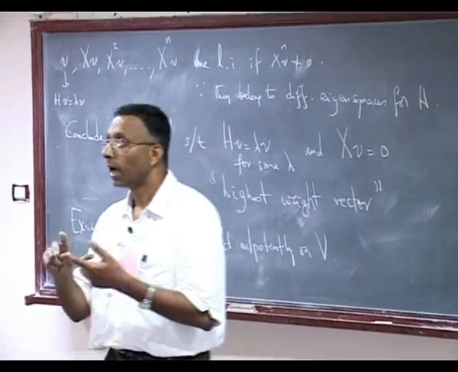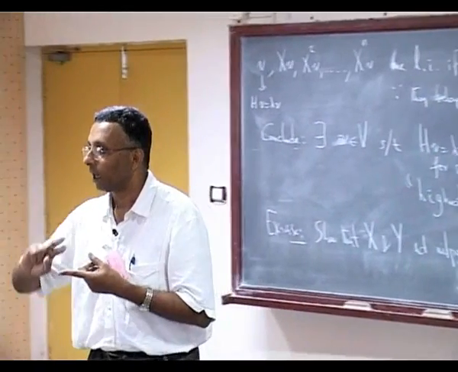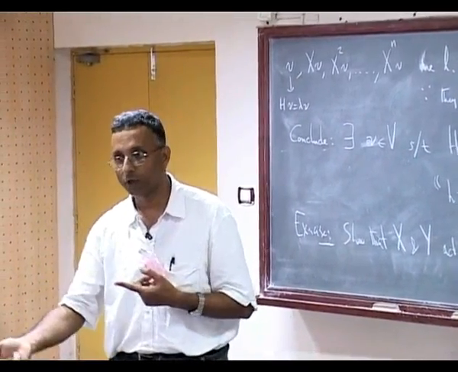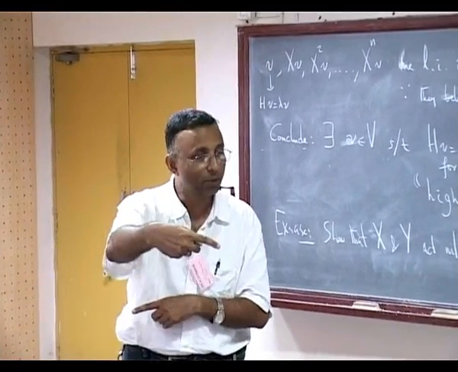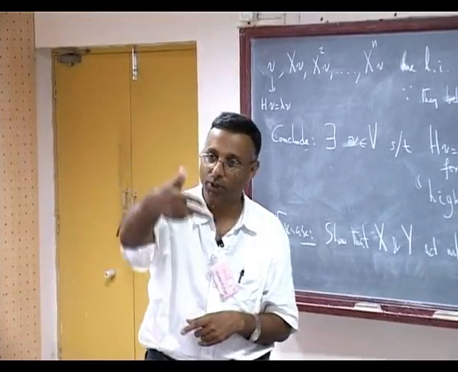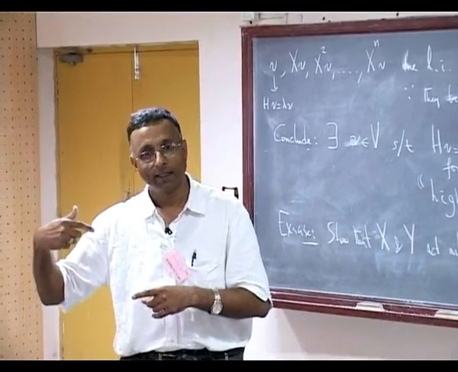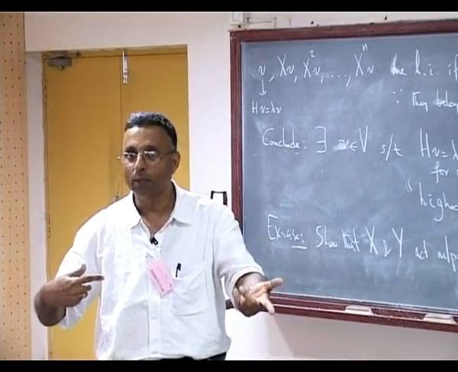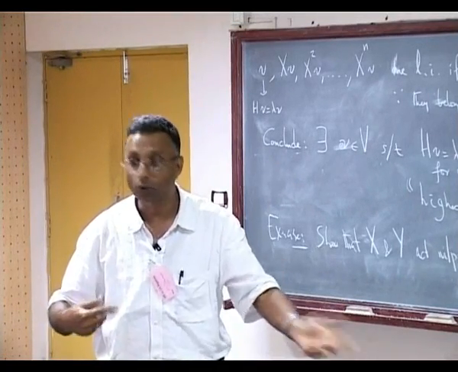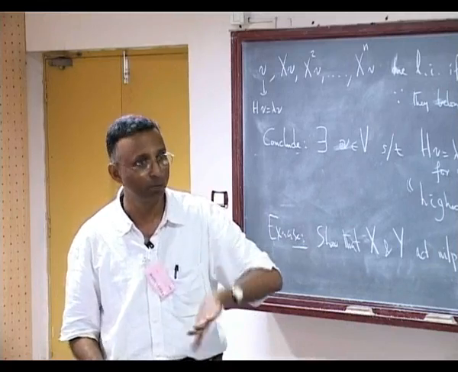What about ad x? Ad x on itself is 0. On H it gives me some multiple of x, so if I act again, it becomes 0. On y it gives me H, and if I act again, it gives me some multiple of x, and if I act again, it gives me 0. So it's nilpotent. Similarly, y will be nilpotent.